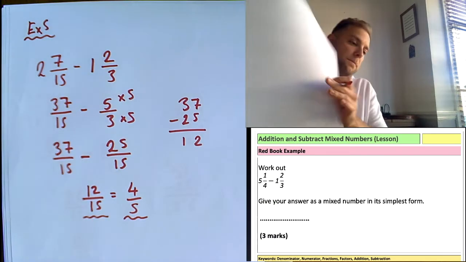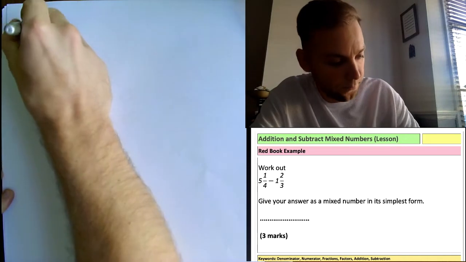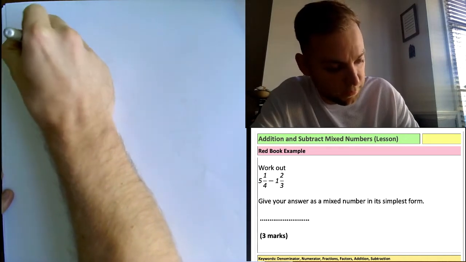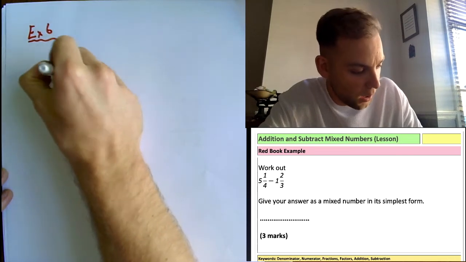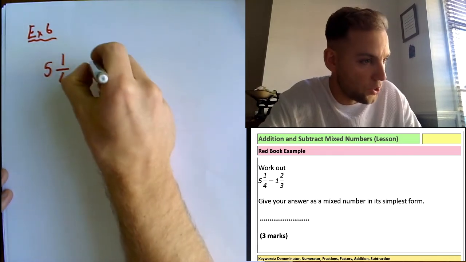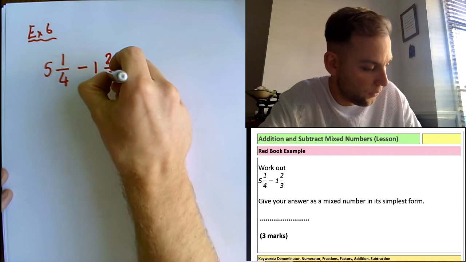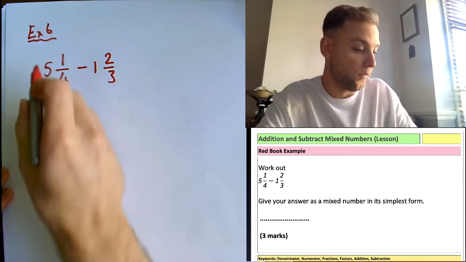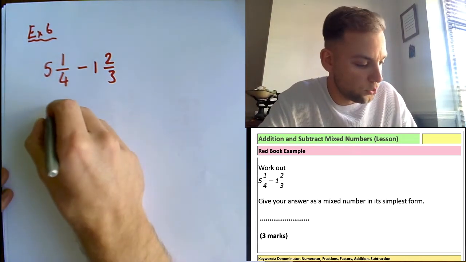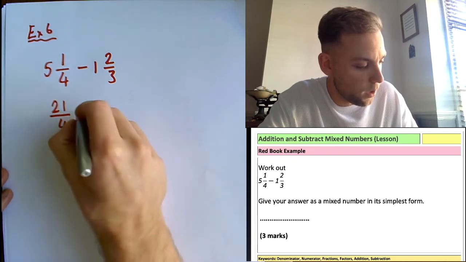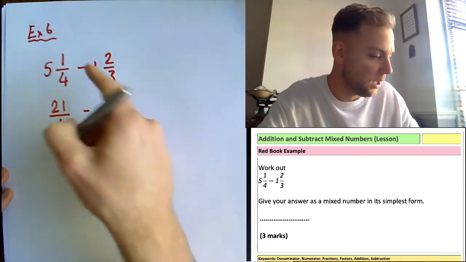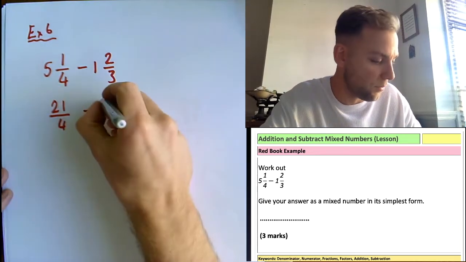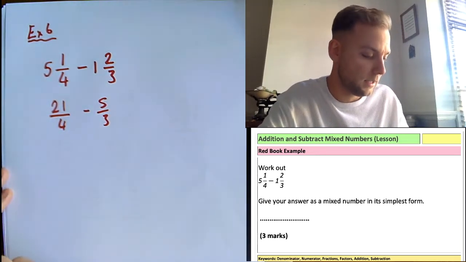So this is example 6. This will be the last example before I set you off on some. So 5 and 1 over 4 minus 1 and 2 over 3. So 5 times 4 is 20, plus the 1 is 21 over 4, minus 1 times 3 is 3, plus the 2 is 5 over 3.